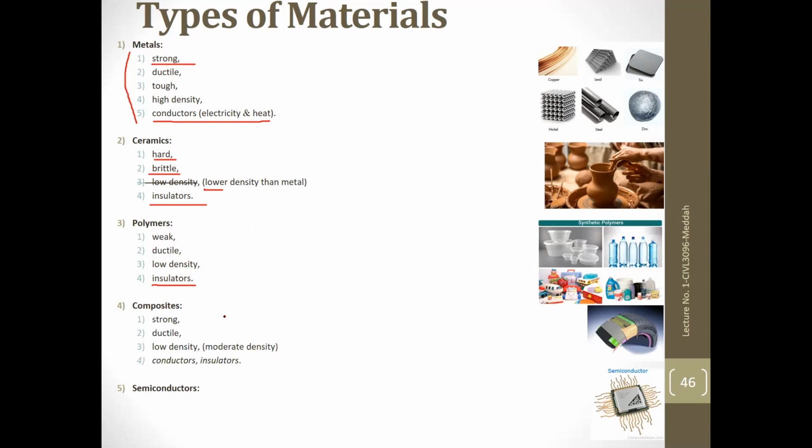Now we come to the composite materials, which we said are composed of two different categories. Composite materials generally have some strength. We can say they are strong because if you combine ceramic with polymers, the composite material will also be quite strong because it gets strength from the ceramic, while the polymer is weak.